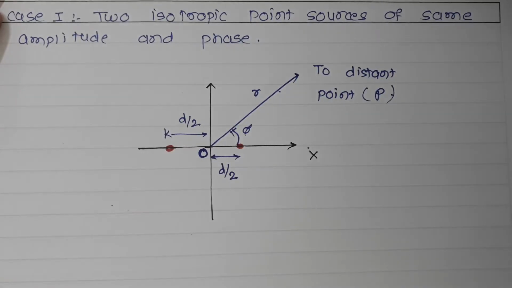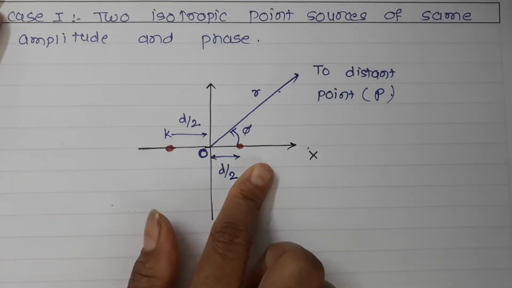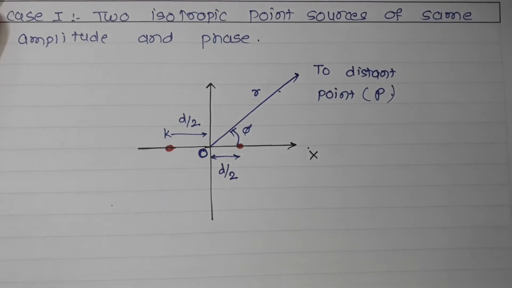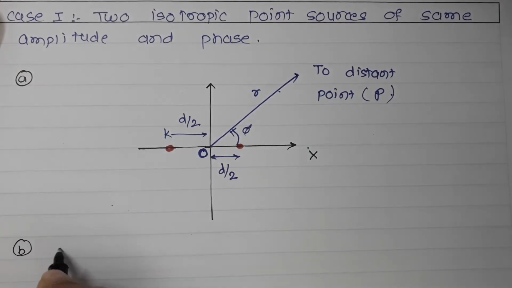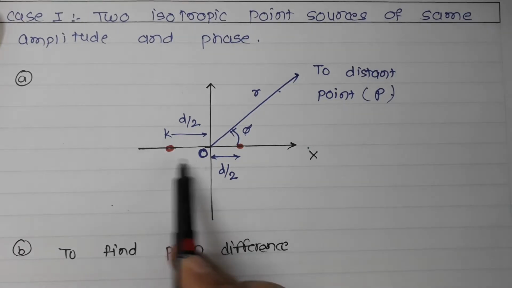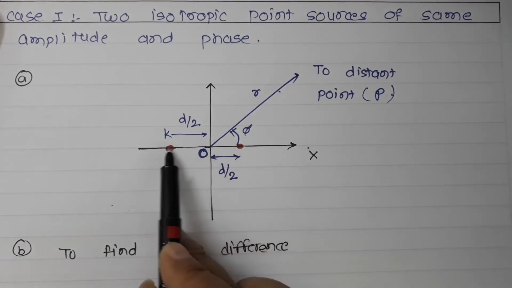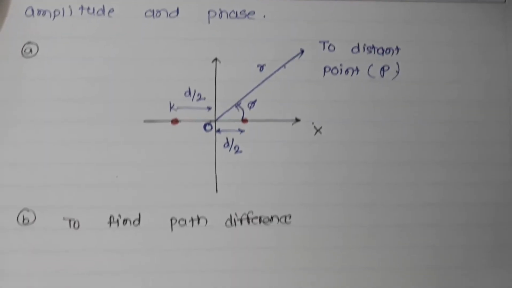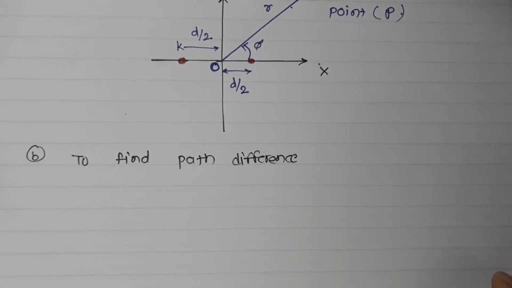Now to find the path difference, as we know that this is element 1, this is element 2, how are we going to find out the path difference? So this I'll say figure A, and figure B, to find the path difference. So here, as we know that the separation is of a distance d between the two elements, let us talk about the path difference between these two elements.